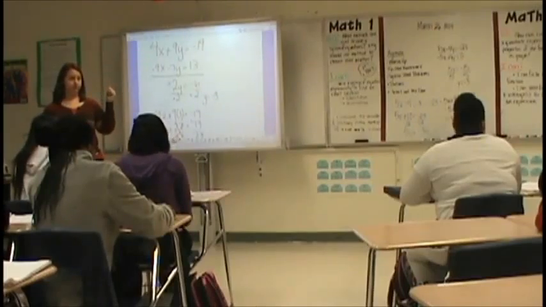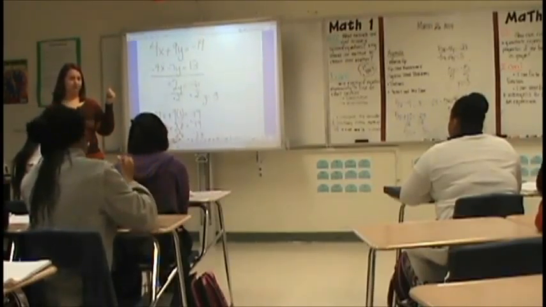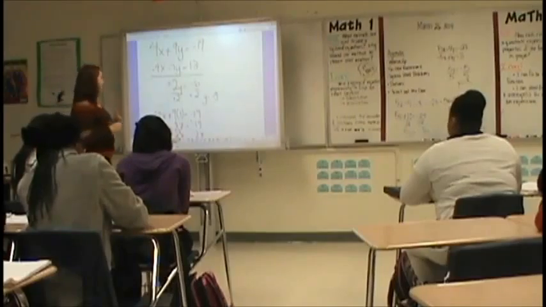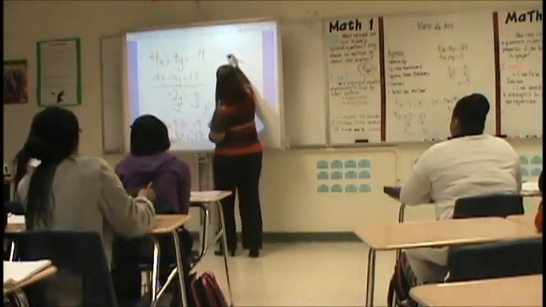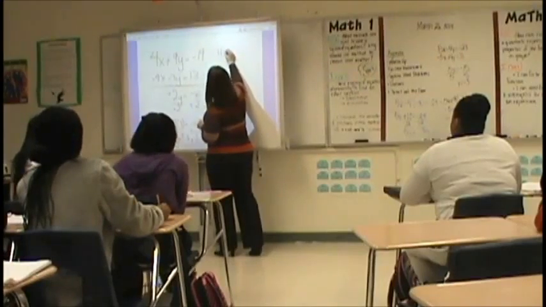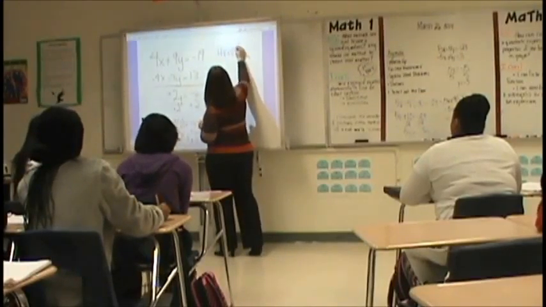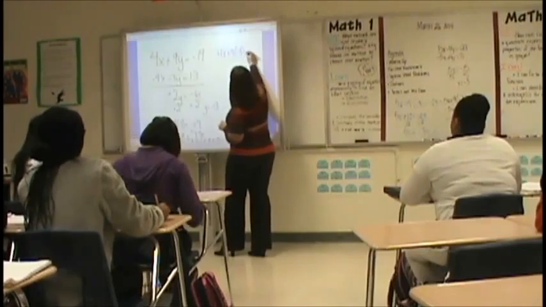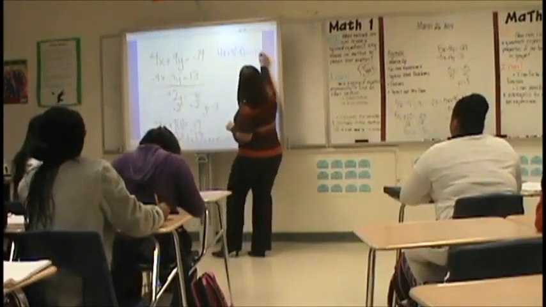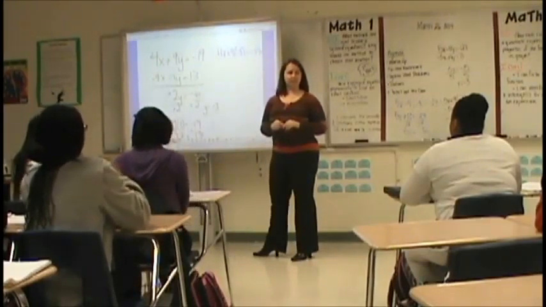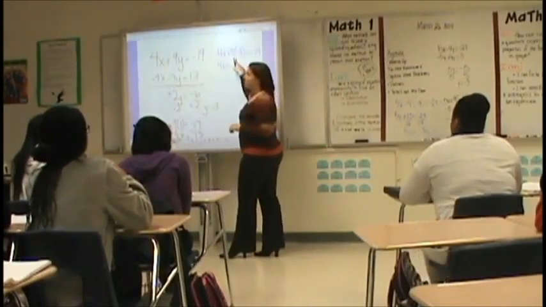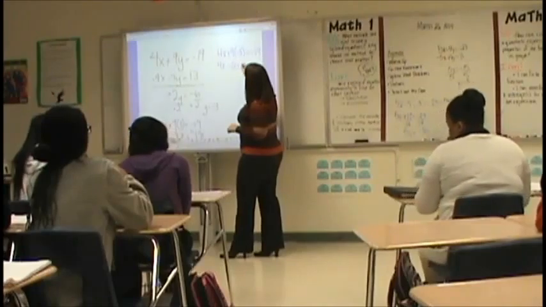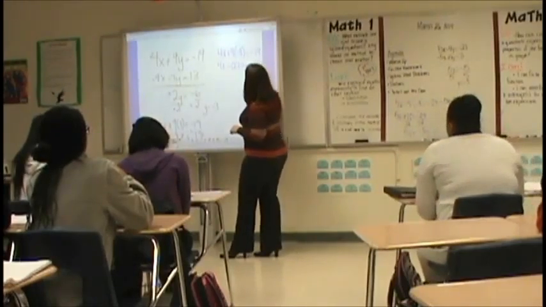You ready? So that's going to change over here just a little bit, right? So we're still going to have 4x plus 9, but this time it's going to be a negative 3 equals negative 19. We've got 4x minus 27 equals negative 19.